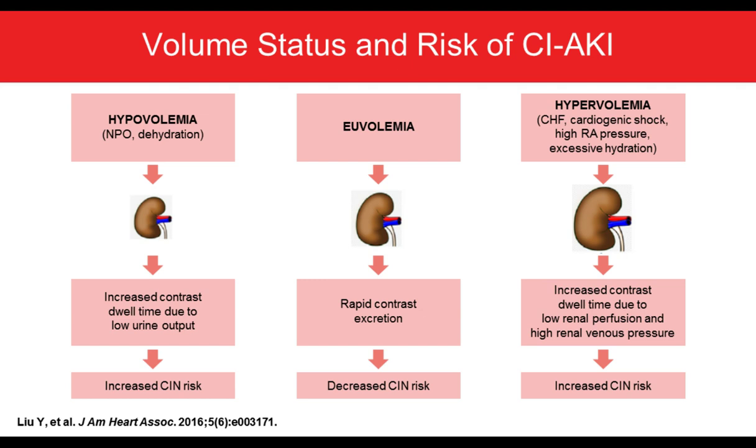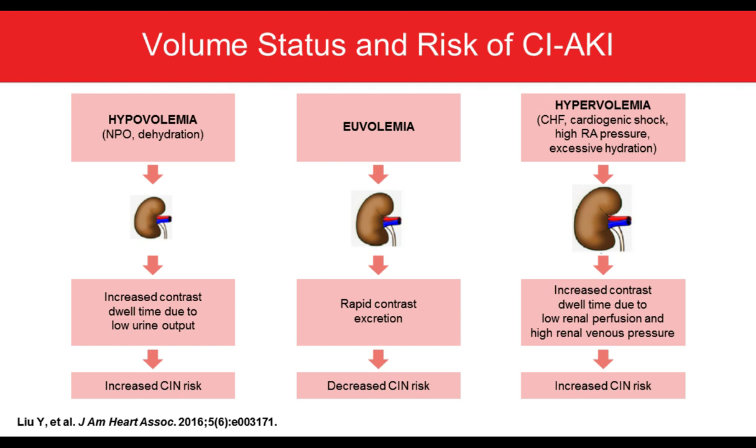Potentially they've been aggressively diuresed in the context of heart failure, and this predisposes them to increased dwell time for contrast within the kidney and low urine output, and together that increases the risk of contrast-induced nephropathy.